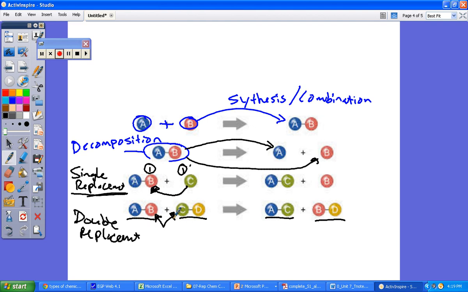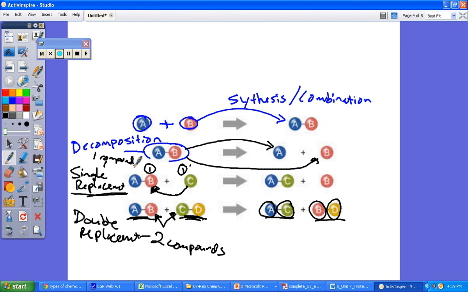So now, when they exchange, A is free to match up with C, and B is free to match up with D. And there's many examples of this, but basically if there's two compounds here, AB and CD, there's usually two compounds involved with a double displacement, whereas a single replacement is just one compound involved.